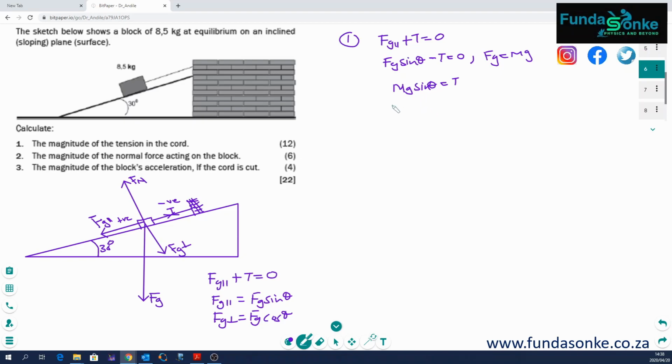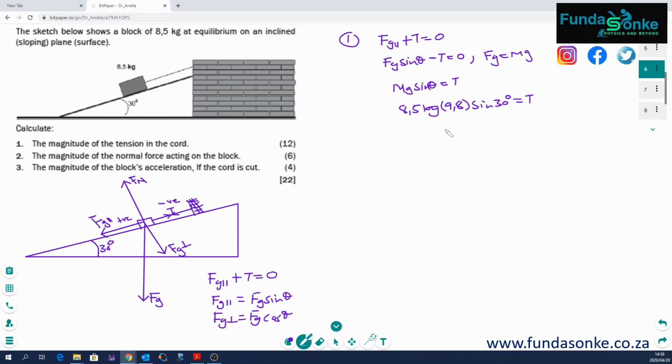Okay, so since we know the mass of the object, it's 8.5 kgs, and this multiplied by our gravitational acceleration 9.8 multiplied by sine 30 degrees is equal to our tension.